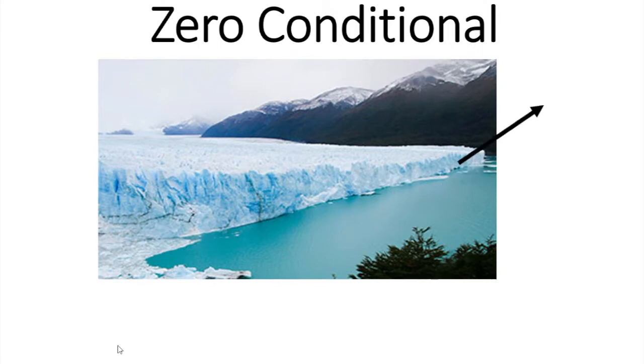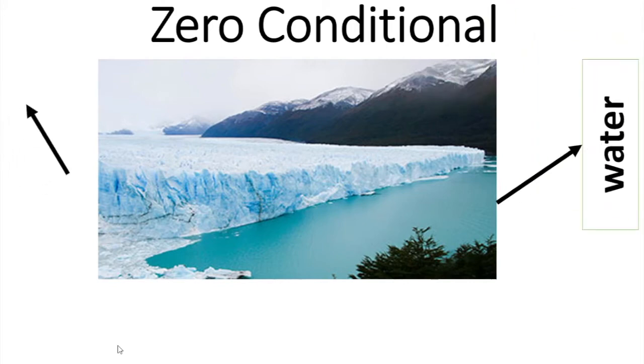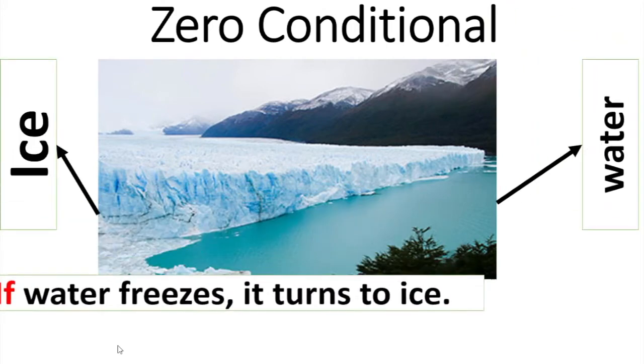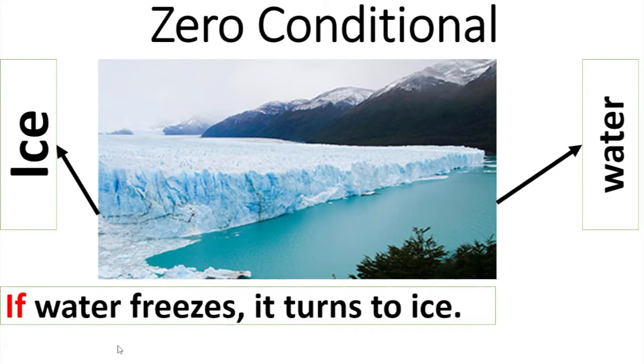Look at this picture in front of you. If water freezes, it turns to ice. Isn't this a fact? Isn't this a truth? Right, it's true that when we freeze water, it turns to ice.